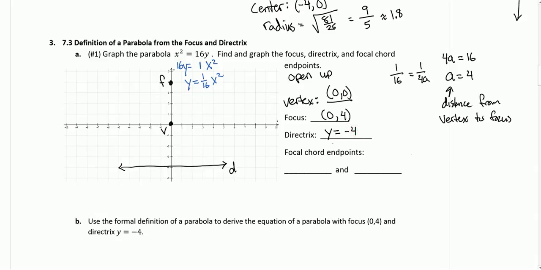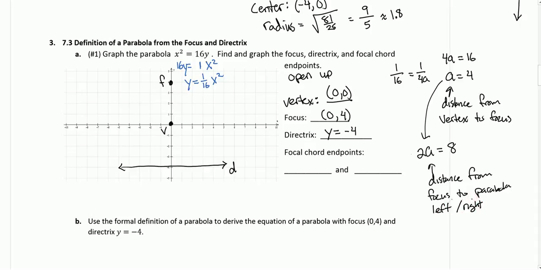And the focal chord endpoints, well, we're going to use a to help us find that. 2 times a, well, a is 4, so 2 times a is 8. That's the distance from the focus to the parabola in this case, moving left or right.